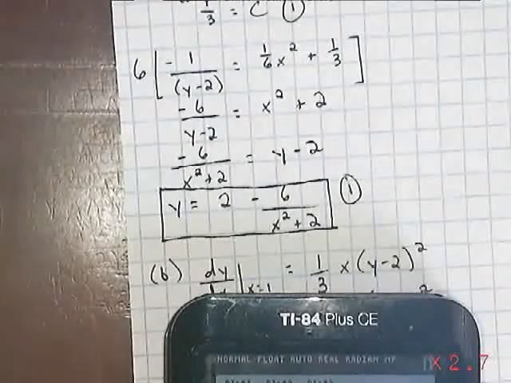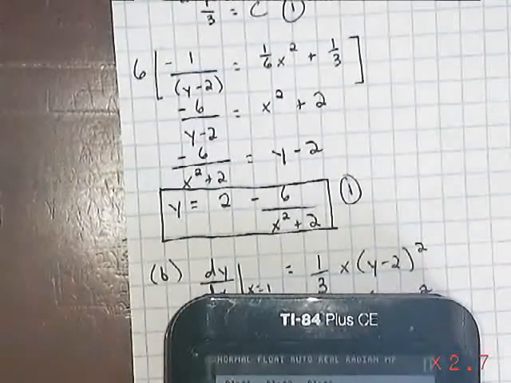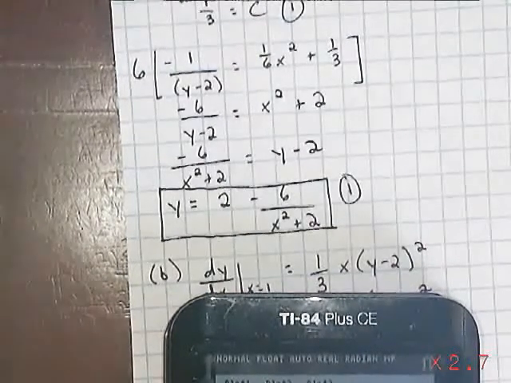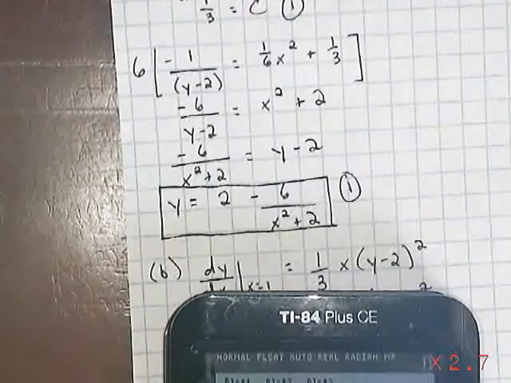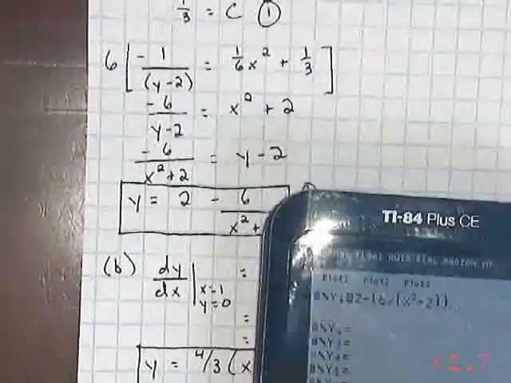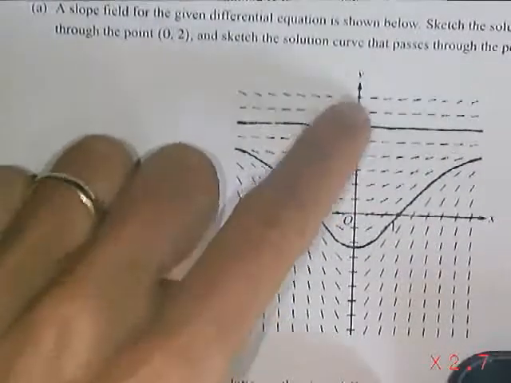We get 2 minus 6 divided by (x squared plus 2), close parentheses, close parentheses. Let's use a similar window as we see on the slope field. It looks like it goes from like negative 2.5 to 2.5.